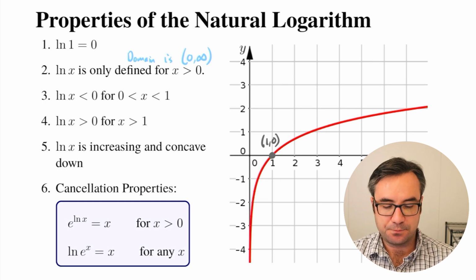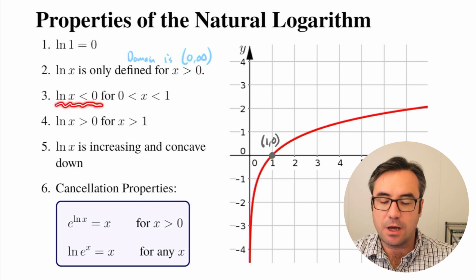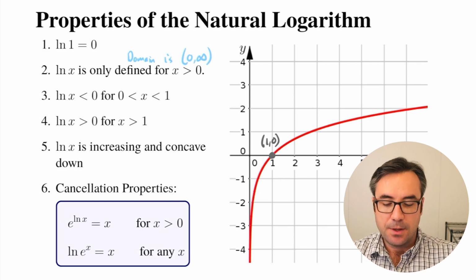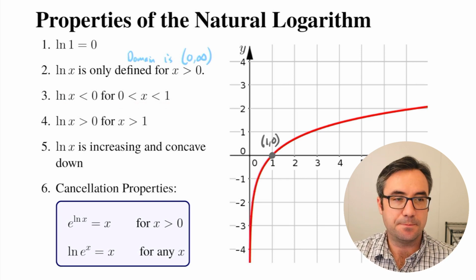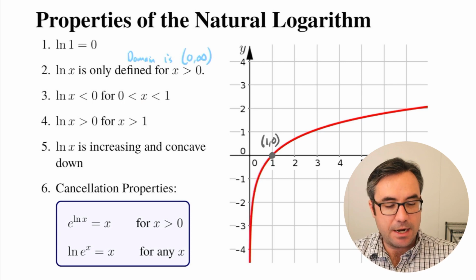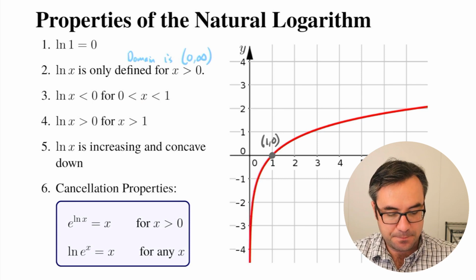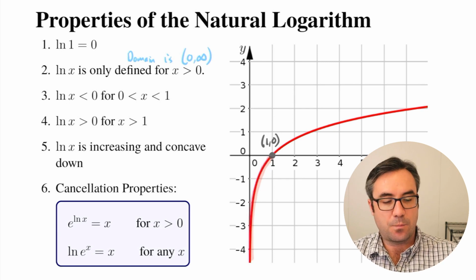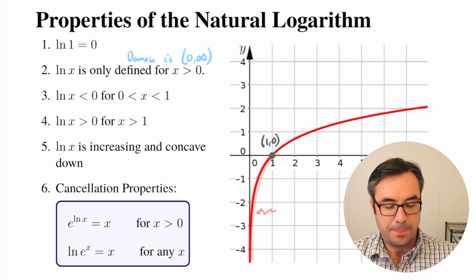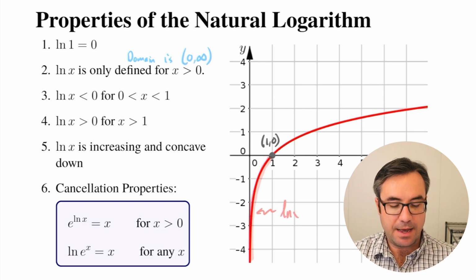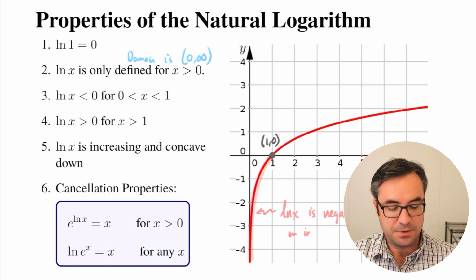What else do we know by looking at this graph? Well, the natural log of x is less than 0 when x is between 0 and 1. And we can see that right here along our graph, that ln x is negative on the interval 0 to 1.